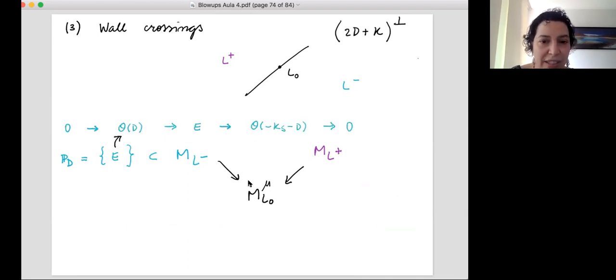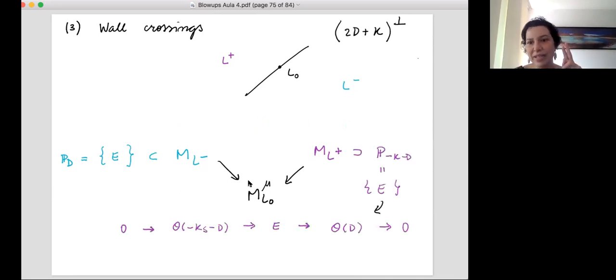Here you see that you could look at these extensions and then you could switch D by minus K minus D. If you switch D by minus K minus D, then you get the opposite exact sequence. And now you look at the exact sequences that are opposite to the first one.